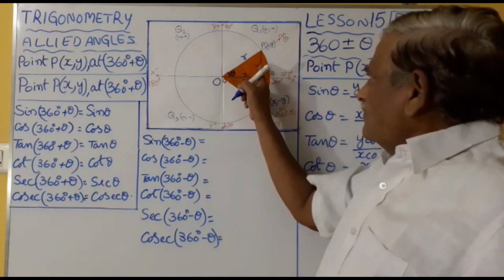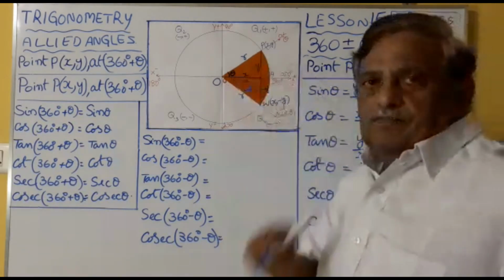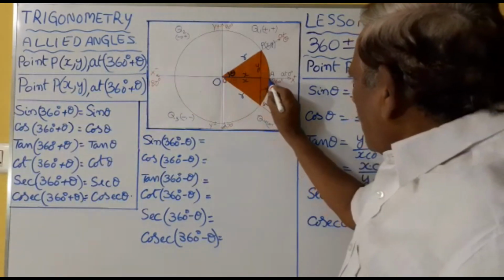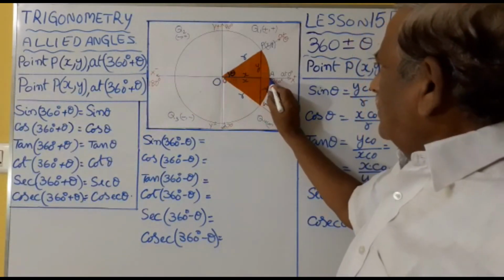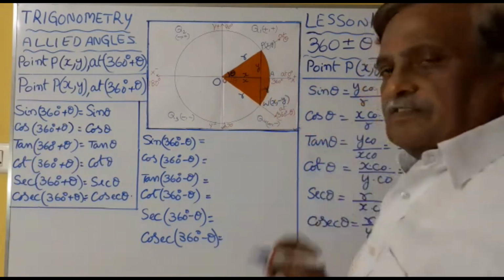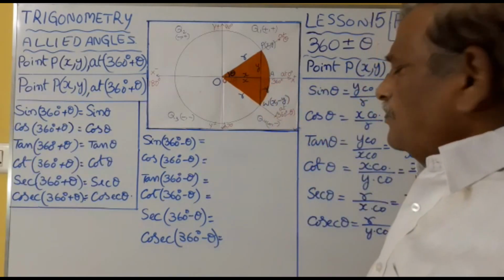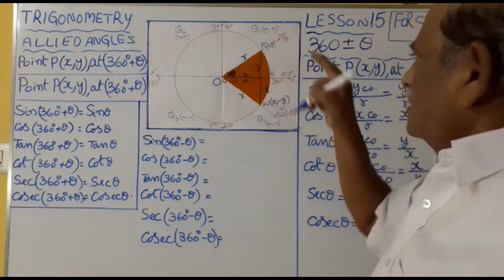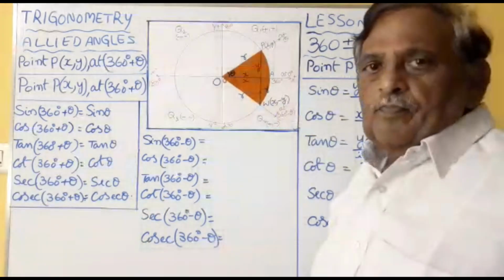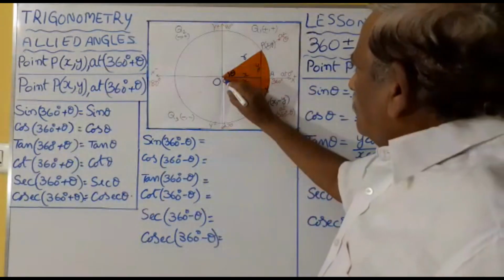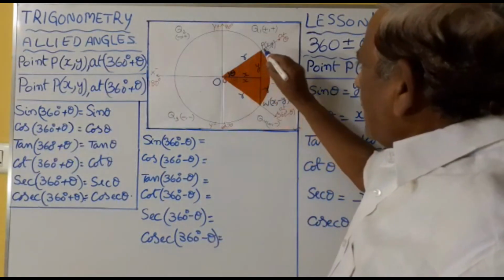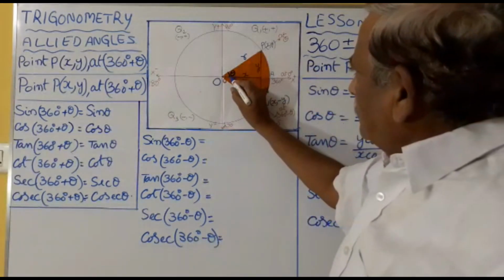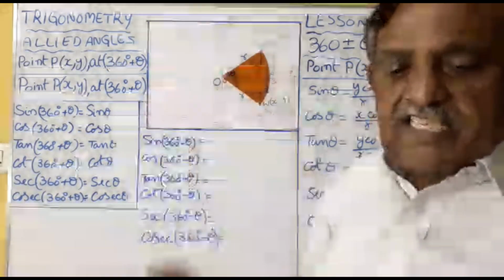Let this be the first position of the sector. Here the edge OA of the sector is along the x-axis. Therefore, the angle made by OA with the x-axis is 0 degrees. OP is another edge, which is at an angle of theta degrees because the central angle is theta.